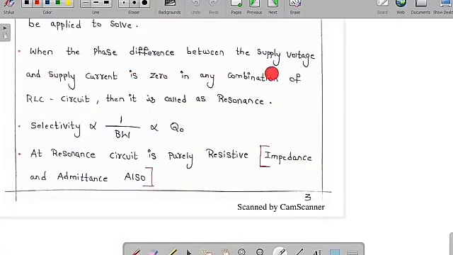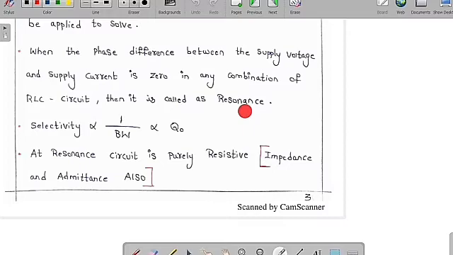When the phase difference between the supply voltage and the supply current is zero in any combination of an RLC circuit, then it is called resonance. So basically, resonance means that if you take any RLC circuit, definitely for a resonance there must be two energy storing elements.